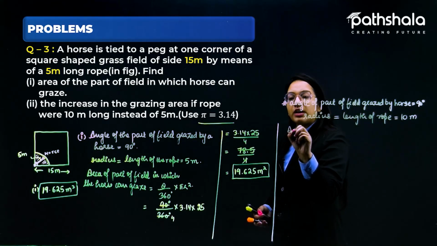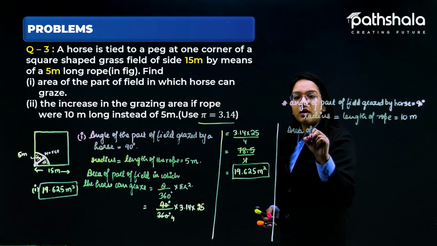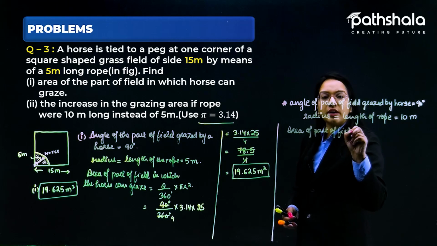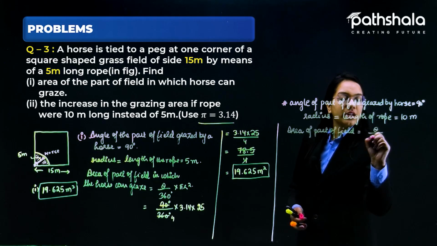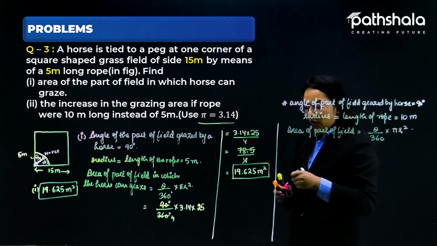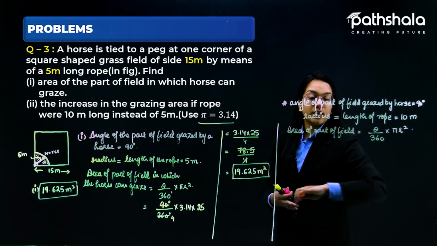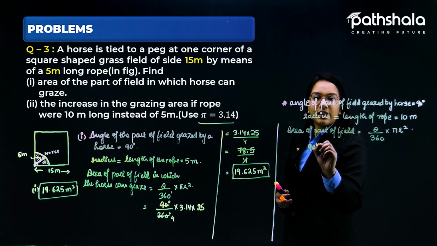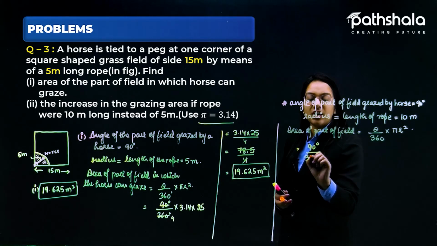Now let's find out the area of the part of the field. The area of the part of the field is equal to theta by 360 into pi r square. Now let's plug in all the values. We have theta by 360, so theta is 90 degree, further we have 360 degree into pi.